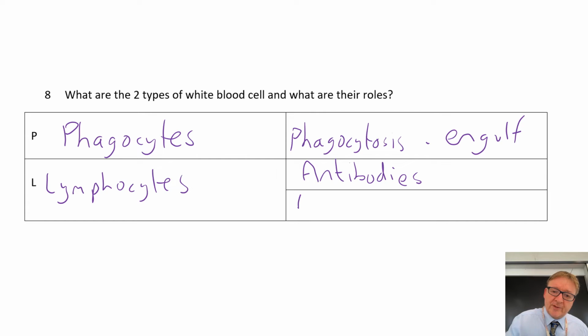The second job of a lymphocyte is antitoxins. A pathogen will produce some sort of toxin, some chemical that makes you feel ill, and the lymphocytes produce an antitoxin that stops you feeling quite as ill as you were before.